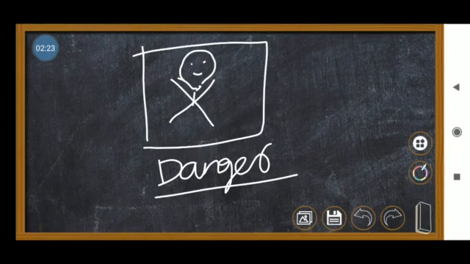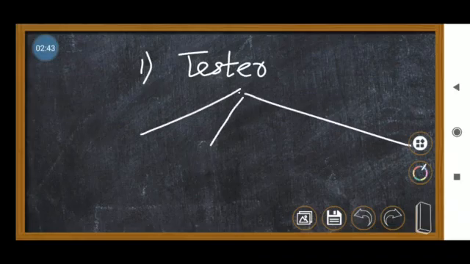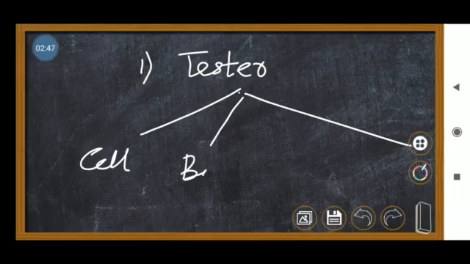Anyway, we'll come to that lesson. First, recall what you studied in your previous class. In 6th standard, you learned how to test whether electricity is passing or not, by making a tester using a cell, a small bulb, and the tester.